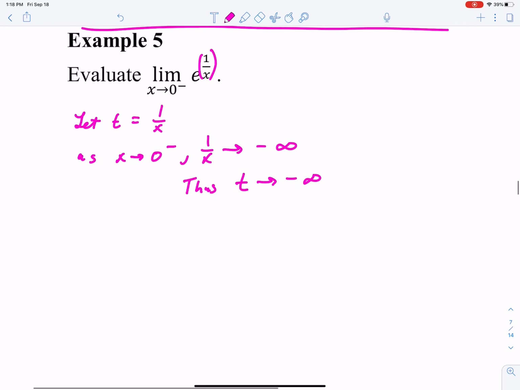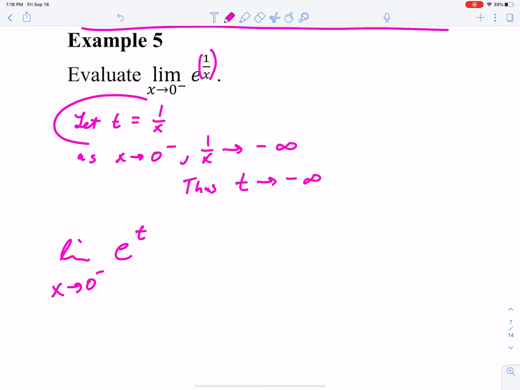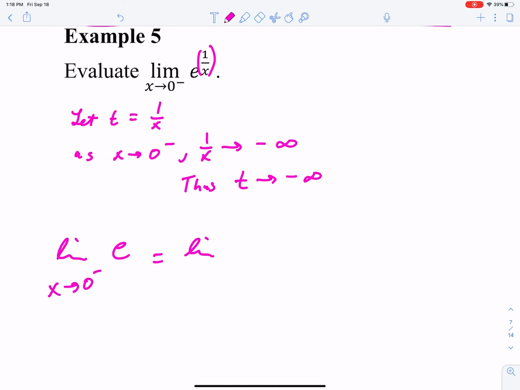Okay, so now let's do this problem. The limit as x approaches 0 from the left of e, now instead of 1 over x, we're going to say e to the t, because we made the substitution here. Oh, my mistake. We didn't do our substitution yet. There we go. e to the 1 over x.